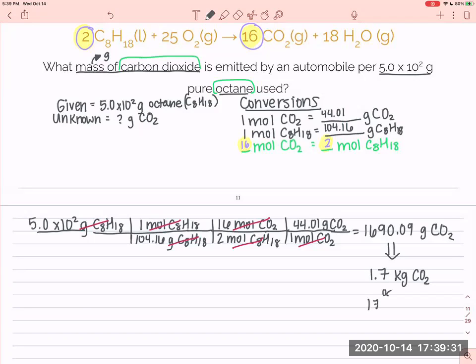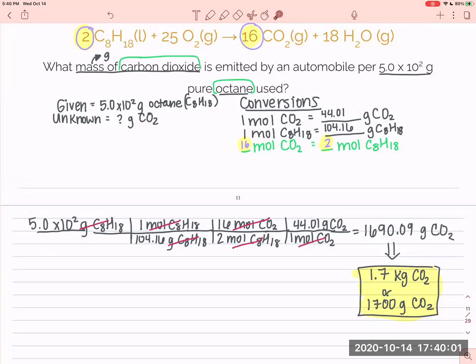Or if you wanted to keep it in grams, 1700. So it kind of depends what unit you want to use and what you mean by this information. So if you're trying to scare somebody into understanding what this means, that for every 500 grams, just grams, half a kilogram of gasoline I put in my car, I get out 1,700, 500 to 1,700.